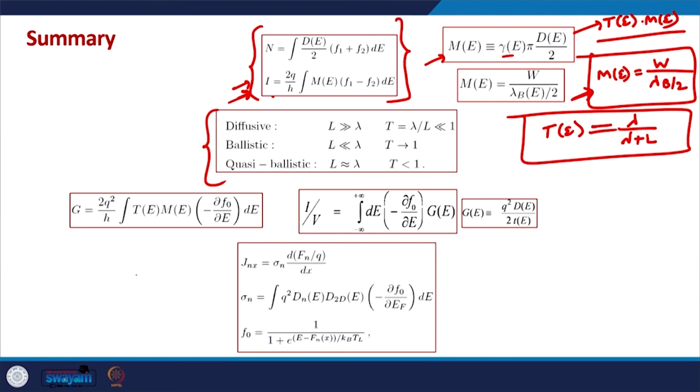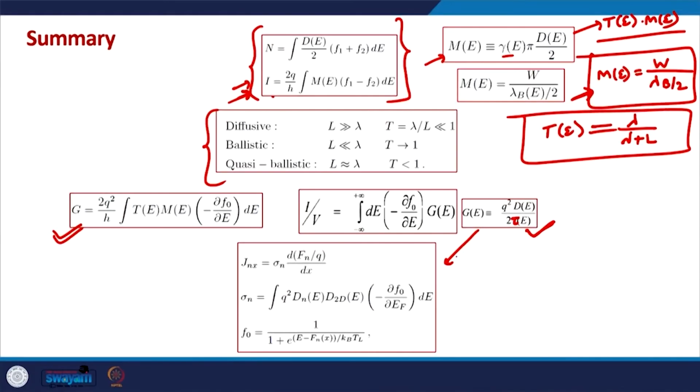After that, we deduced the conductance of the device, which turns out to be this, and the conductance can be said to be the average of the conductance function, which is given by this expression in the Fermi window. The Fermi window is the window around the Fermi level. For low temperatures, it is like a delta function. It is actually a delta function at T equal to 0 Kelvin, and at higher temperatures, it is a window of area 1.